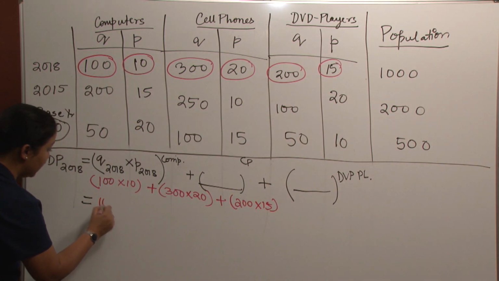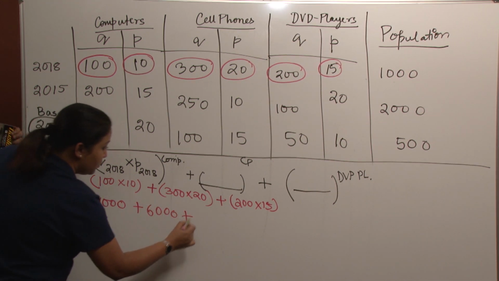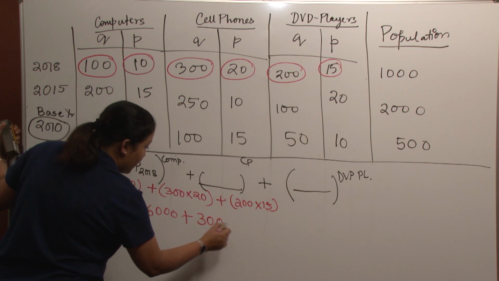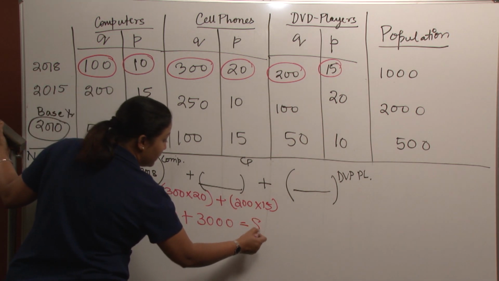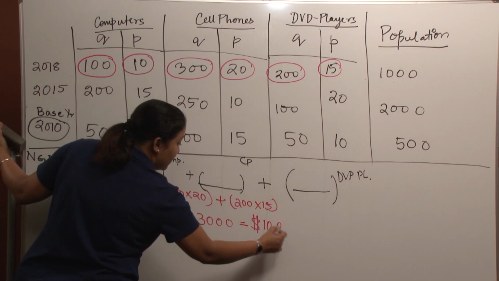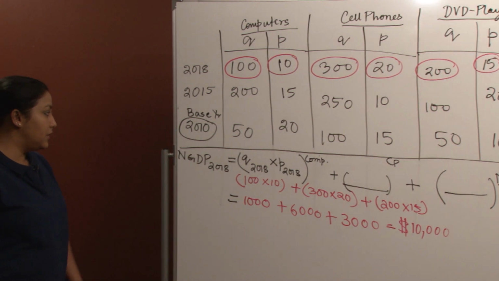And if I do that, then I get 1000, 6000 and 3000. If you add them up, then you get $10,000. That is the nominal GDP of 2018.